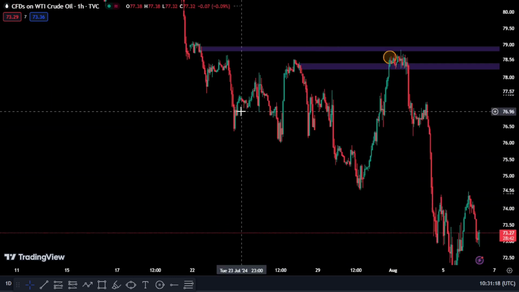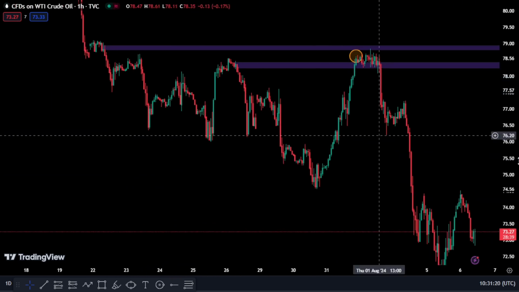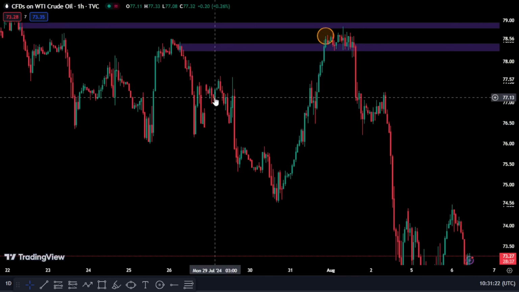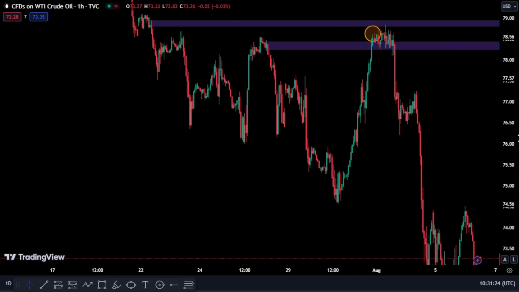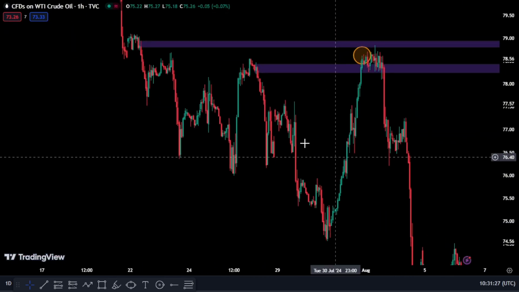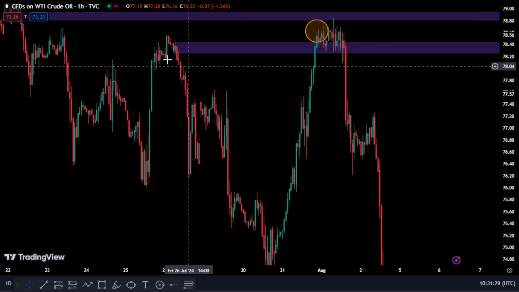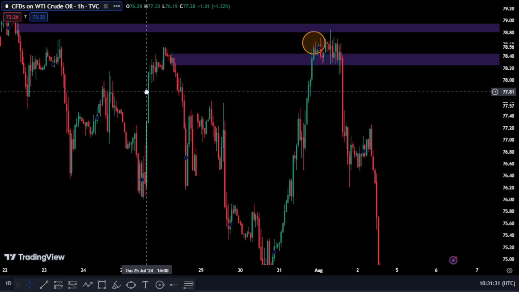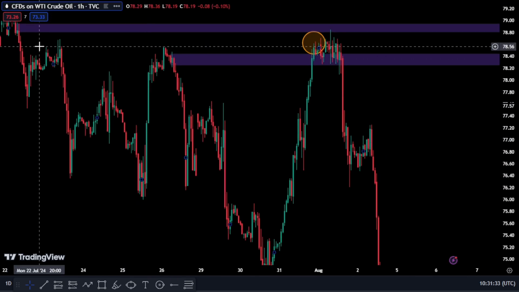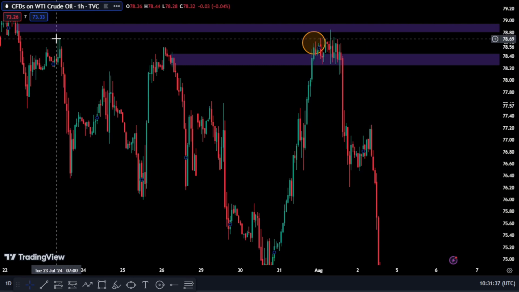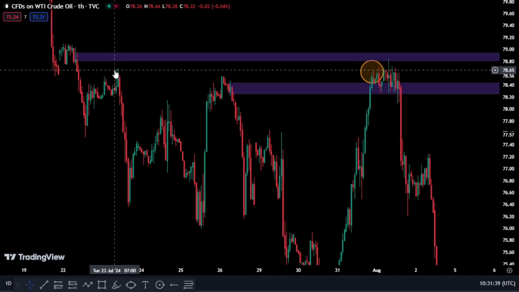So looking at this here, you can clearly see this is what I was looking at. We have this sweep of liquidity, and we have that area high there.